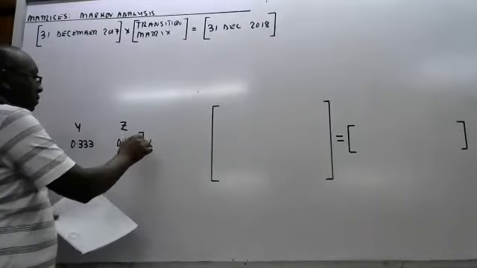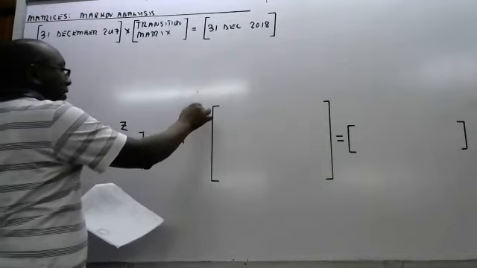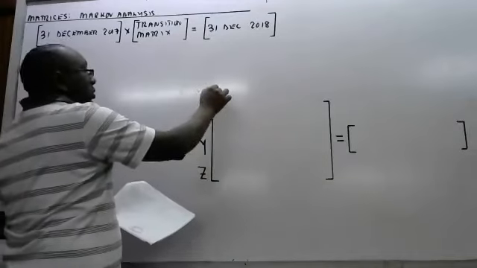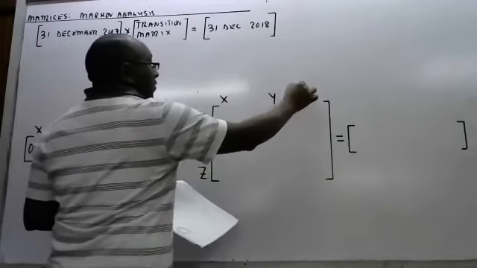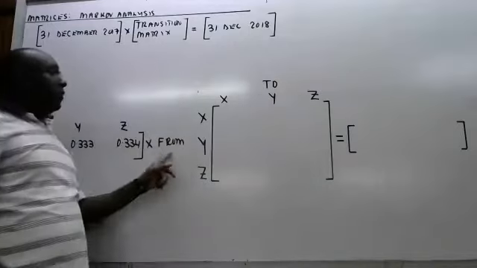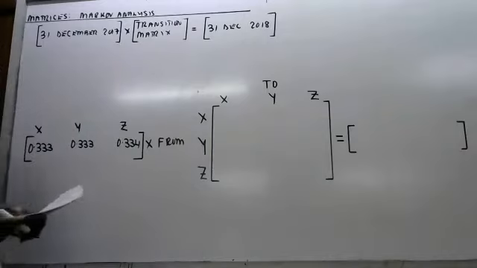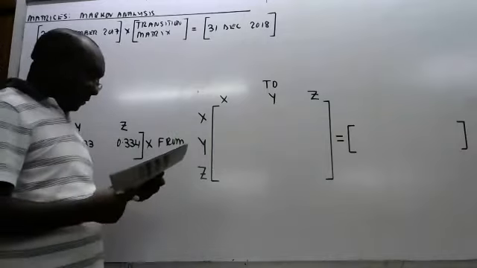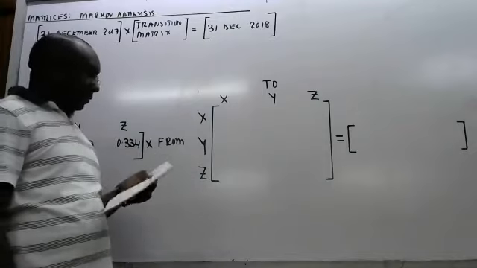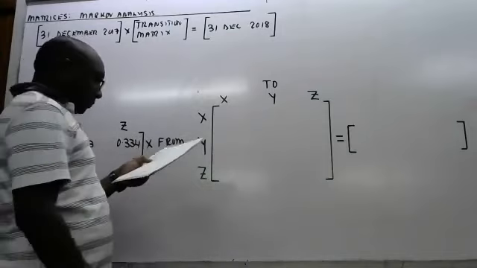Then we will say times the transition matrix. And you know the transition matrix, what we say is from, to. That is the design of a transition matrix. So going by what we are told there, X Limited had retained 90%.